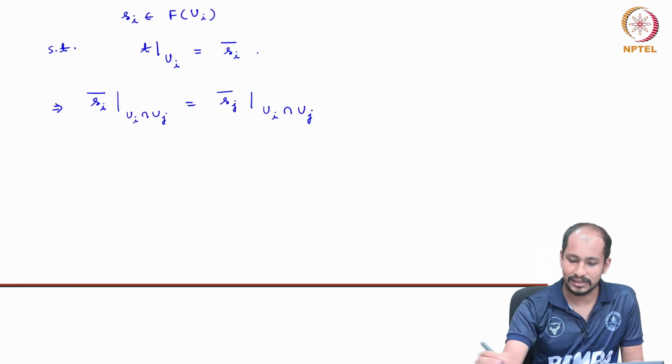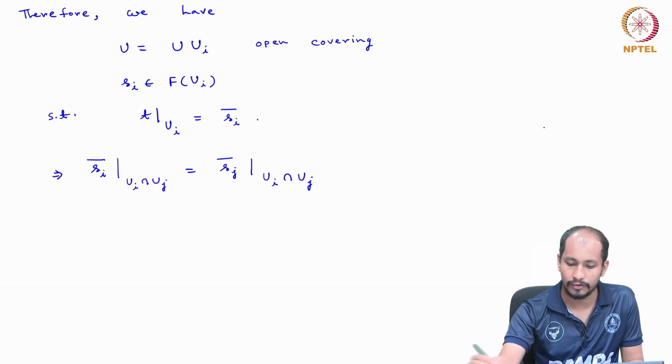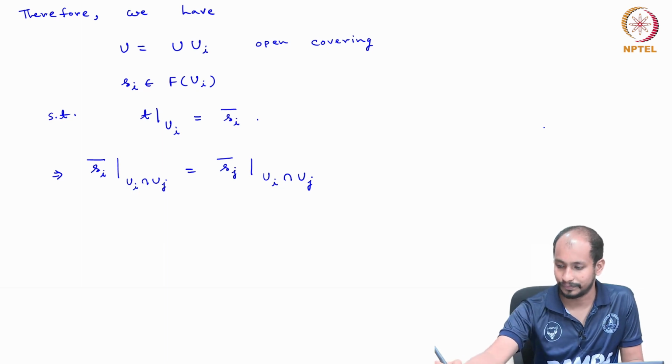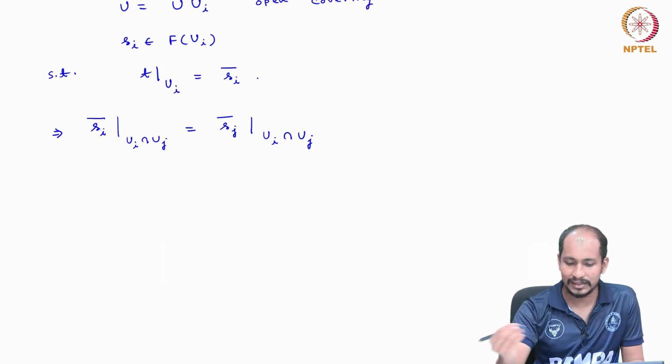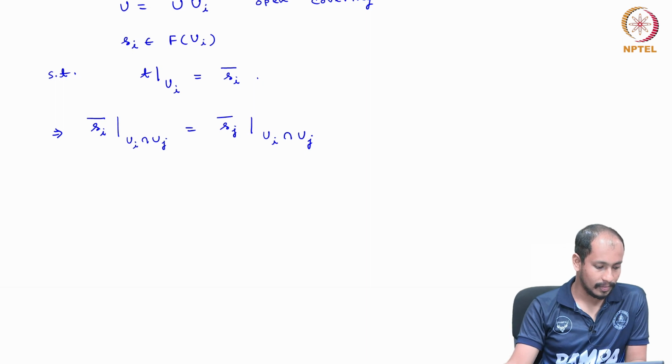Here for this T we have some open covering of U, which is the union of ui, and we have some Si's inside F of ui. Using these Si's we will define where T will go inside Gu.